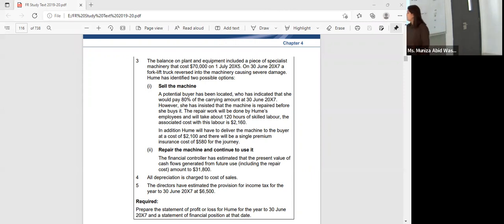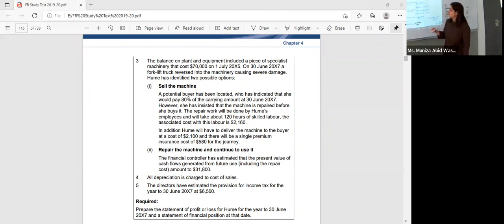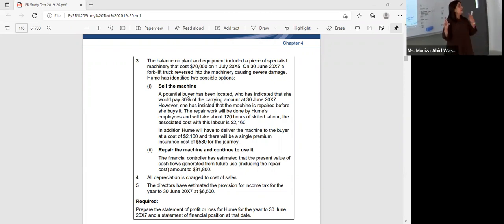On 1st July 2005, its cost has been 70,000. So it has been used for 2006, 30th June 2006 and 30th June 2007. For 2 years, depreciation has been taken on it.